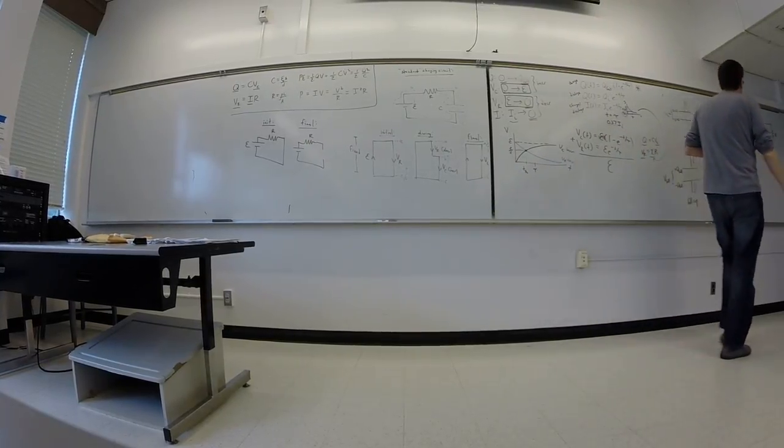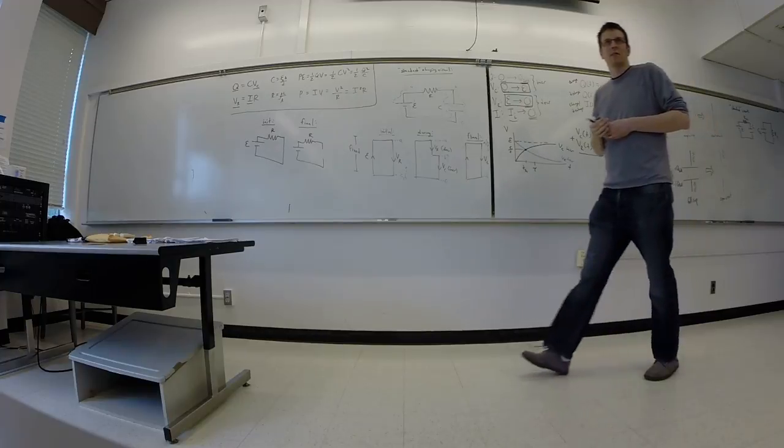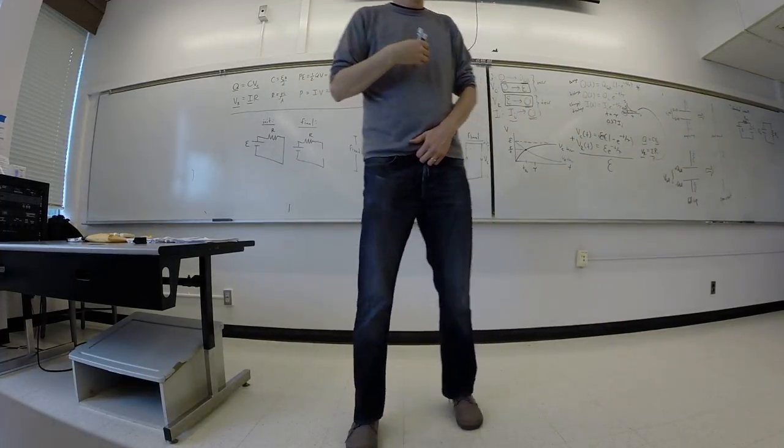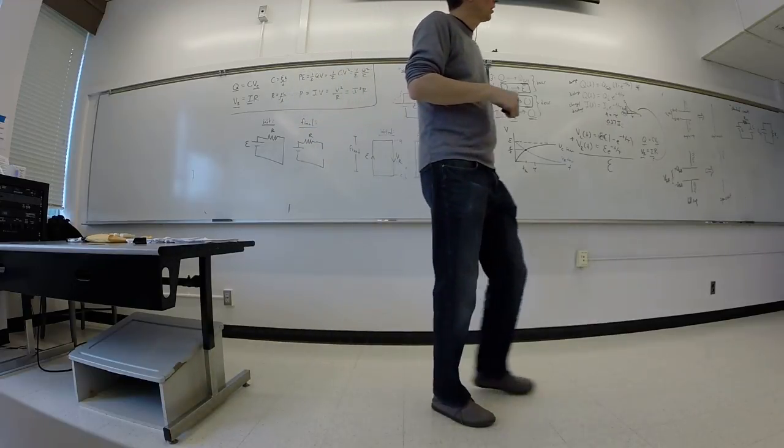And same thing over on this side. Maybe you're not discharging through just one resistor, maybe you're discharging through a whole bunch of them. And maybe it's not just from one cap, but a whole bunch of them. So a whole bunch of stuff can be combined into an equivalent resistance or capacitance.